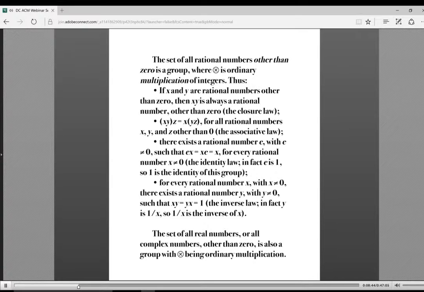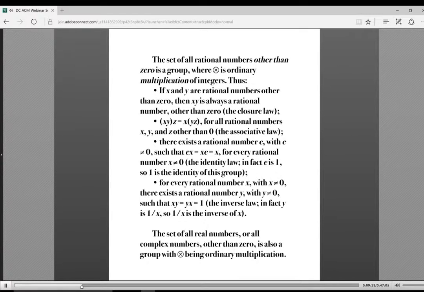That's the associative law. There exists a rational number E with E unequal to 0 such that EX equals XE equals X for every rational number X unequal to 0. It's the identity law. In fact, E is 1 this time, not 0. E is 1. So 1 is the identity of this group.